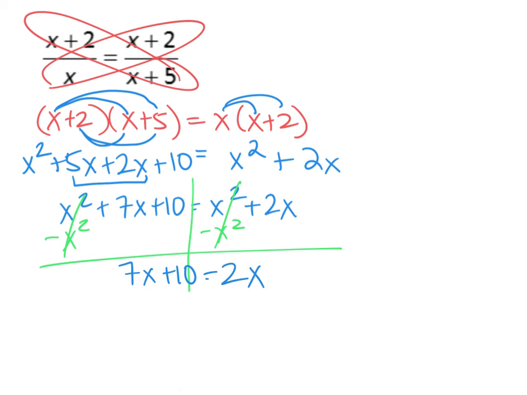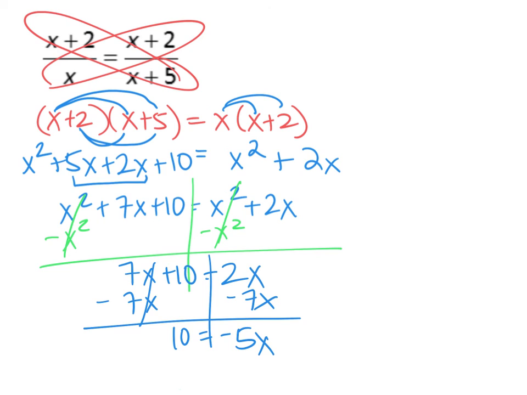Okay, now I want the x's on one side, so I'm going to bring the 7x over because there's only x's on this right side. So I get 10 equals, well, 2 minus 7 is negative 5x. Divide by negative 5, and I get x equals negative 2.